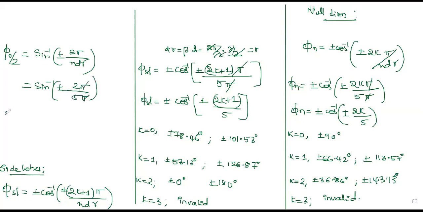Calculate what is the value. Phi naught by 2 will be your half power beam width. Phi naught, which is 2 into the half power beam width, will be your first null beam width.